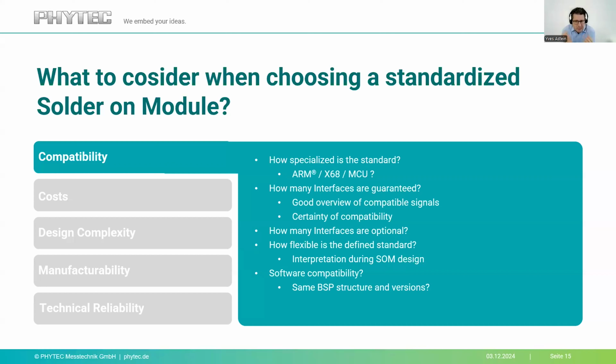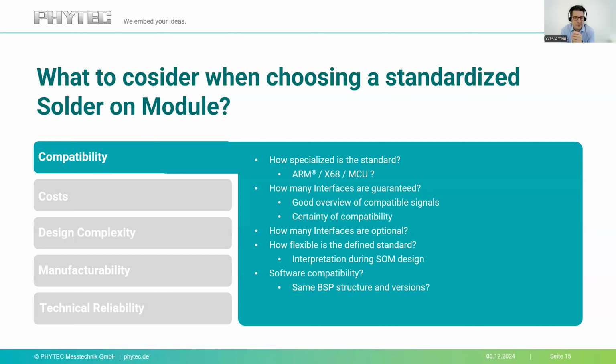So there's interpretation space for the SOM vendor to choose one interface or to choose the other interface to support. There might be both available on the connector, but you're going to have to make a decision. And if there's no priority set by must-have signals, then one can decide this way or that way, and then the compatibility is not given.